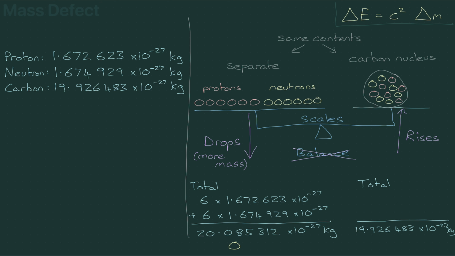That's a difference of 0.158829 times 10 to the minus 27 kilograms. It's not a lot of mass, but that is a defect, and we call it the mass defect.